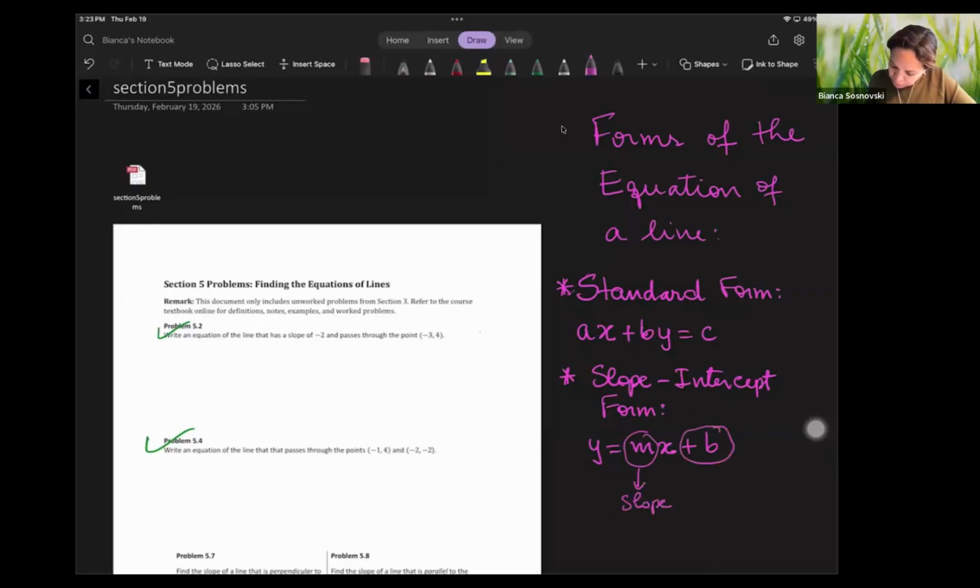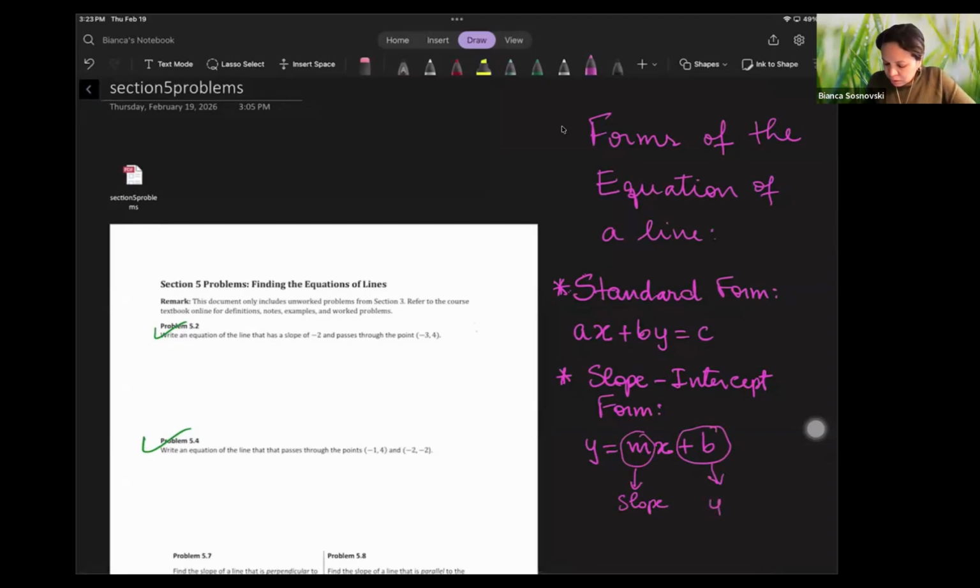And the number b, whatever that is, positive or negative, even zero, represents one of the coordinates of the y-intercept. So the y-intercept is the point (0, b), right? For being a y-intercept, you must have the first coordinate x equals 0, and then whatever is the number in the second coordinate is going to appear in this form of the equation.